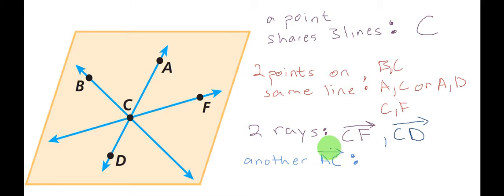So ray AC, another name for that would be starting at A, it passes through C, and I notice if it continues through C, the ray also passes through point D. So another way to name this would be ray AD. This would be a possible answer to satisfy that problem. Starting at A, passing through D.